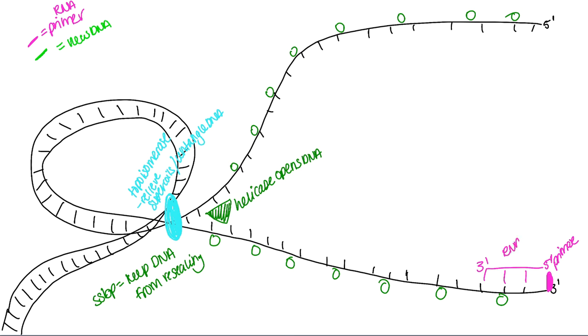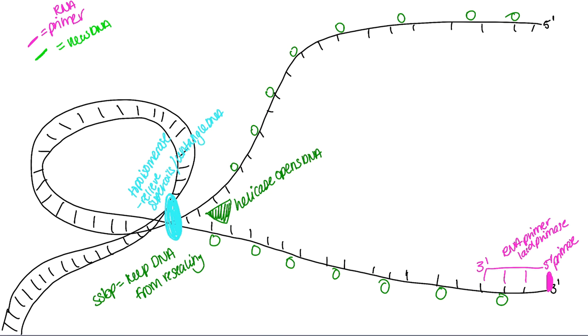So here's our RNA primer, and this RNA primer is laid by primase. And primase, just like our polymerases that we're going to talk about, can only add to the 3' end. And it's just a function of these polymerases and how they work. So now that we have an RNA primer, now we are primed and ready for our DNA polymerase.